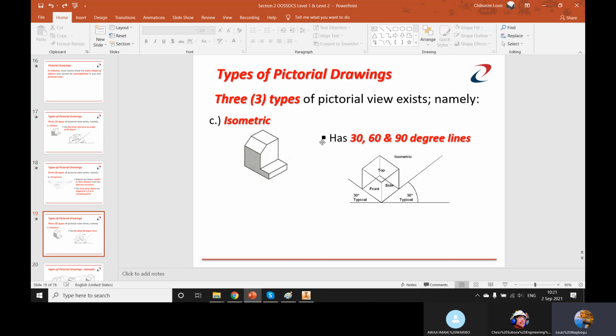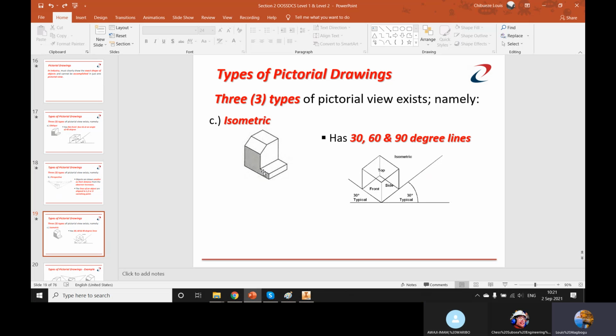Amongst the 3 I mentioned, this one is used the most, but it's still not. It's used sometimes to give a better understanding of what the object looks like.